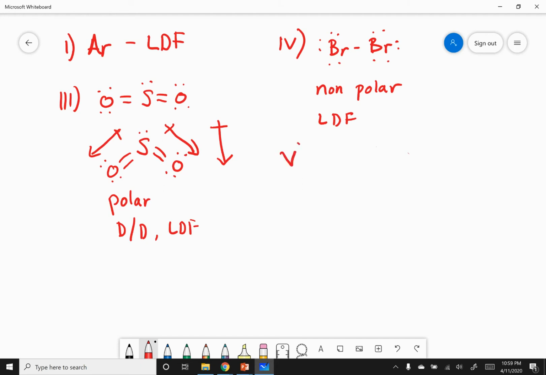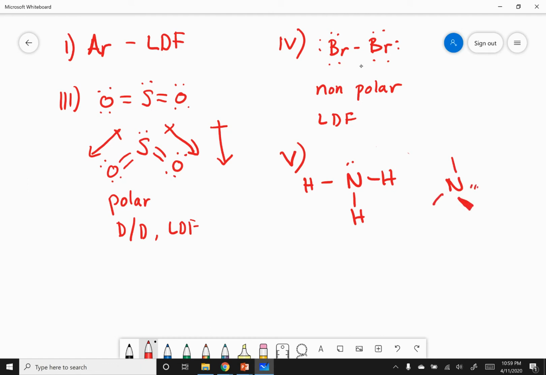So let's do number 5, and that's going to be NH3. So let's quickly draw the Lewis dot structure to NH3. But remember, what we really care about is our molecular geometry. So an easy way to do the molecular geometry of this one is to first draw the electronic geometry. So we'll put nitrogen in the middle, steric number 4.